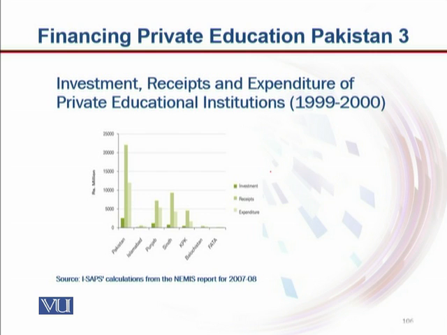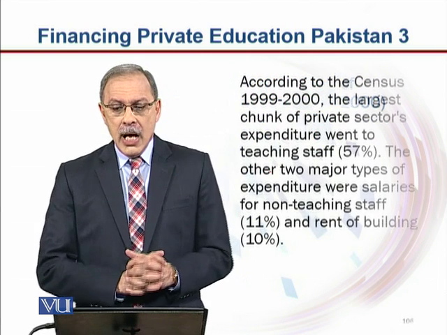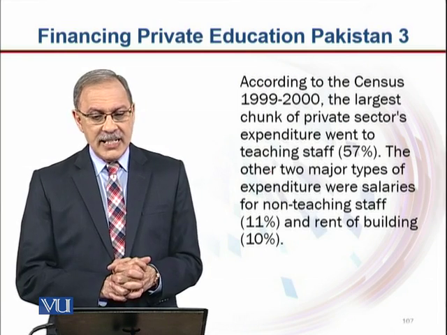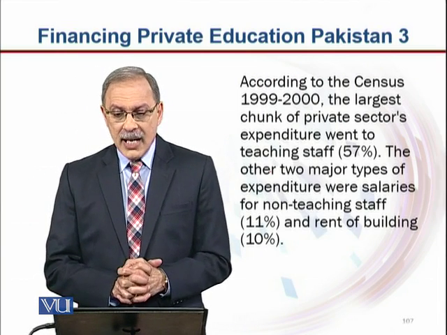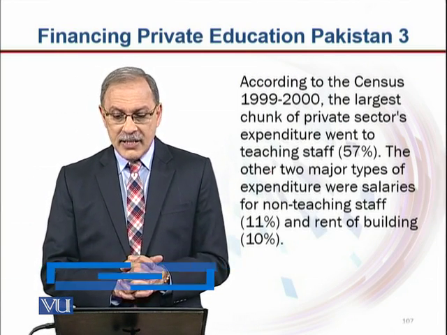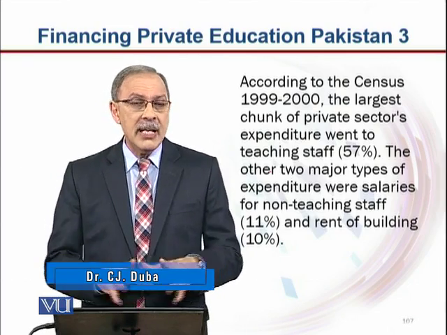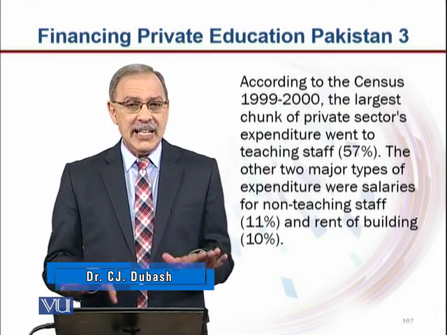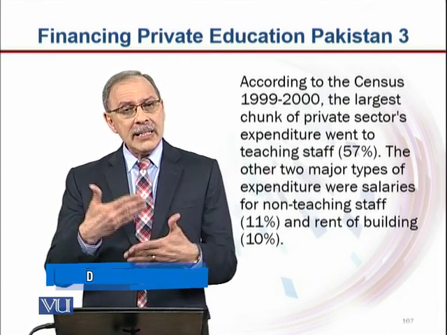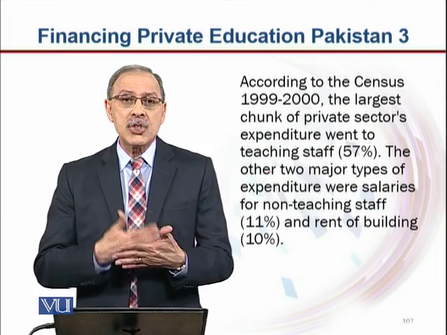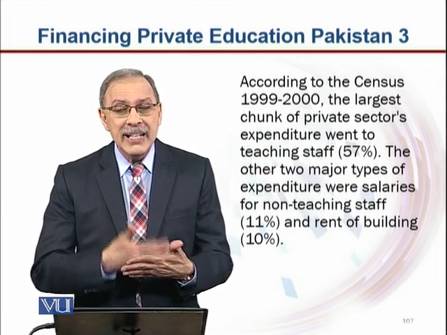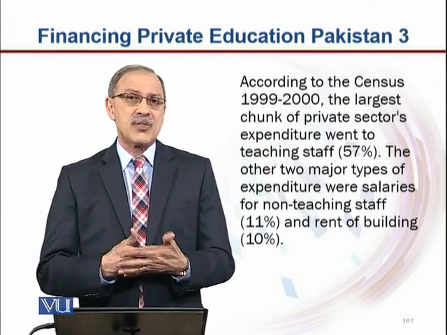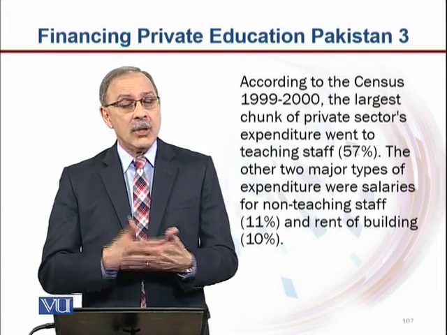for today and tomorrow. According to the census of 1999 and 2000, the largest chunk of private sector's expenditure went to teaching staff. And that is true at any time or for any institution. No matter what income you make, your largest chunk of expenditure will be teacher salaries. That's where most of the education money goes.